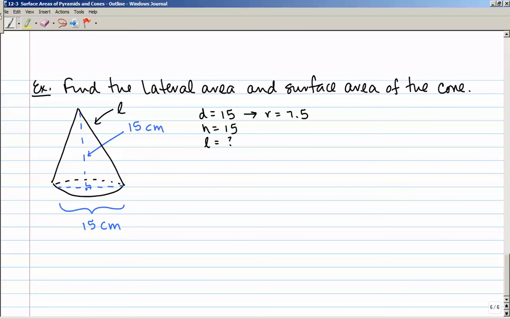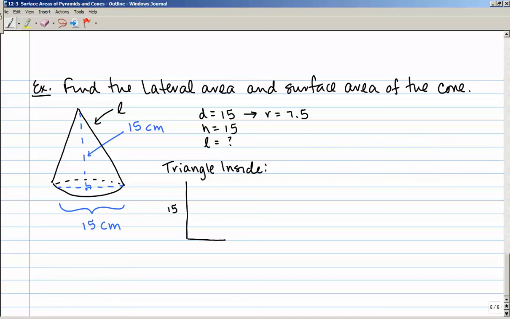So in order to figure this one out, I'm going to need the slant height. So again, I'm going to have to draw the triangle on the inside. I'll do it over here. This just helps me to see it a little bit better. So there's my height, which is 15.